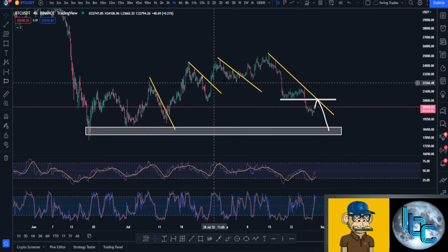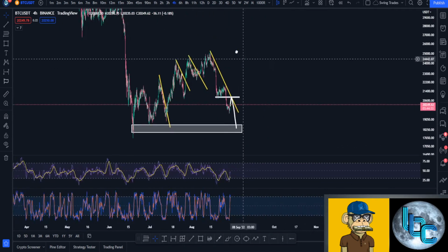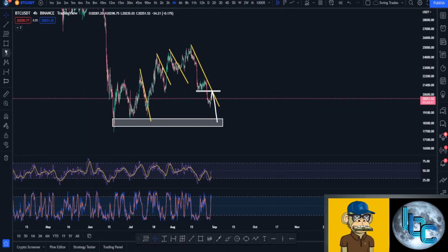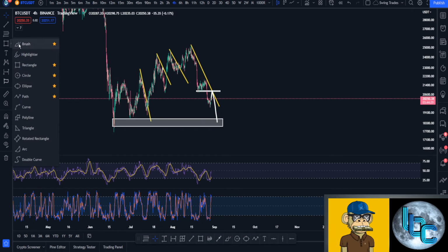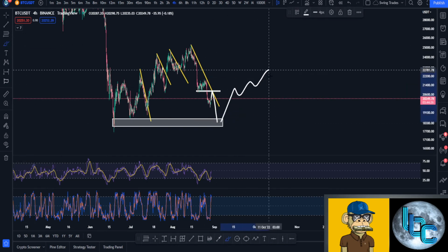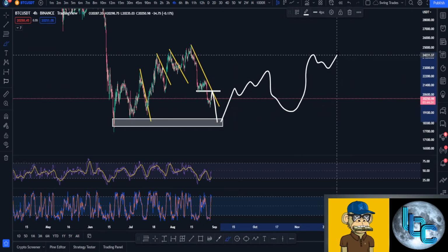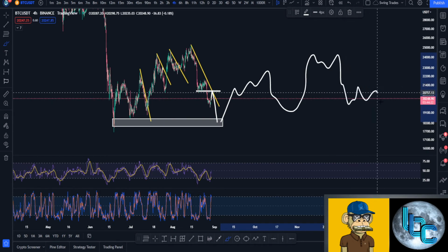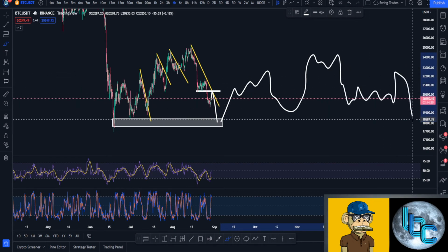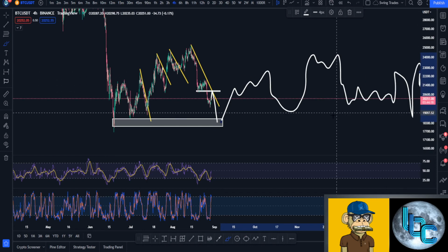And I think it's going to be something like this for a while. We could just be stuck doing this kind of stuff for a long time. People will think, "Oh no, this is a head and shoulders," and then no, it's going to come up and then it's just going to Batman all the way down.